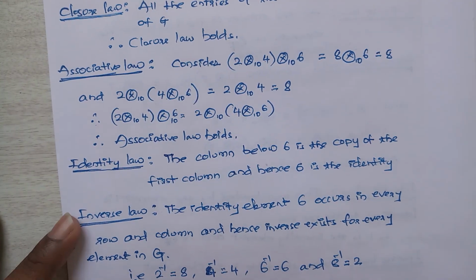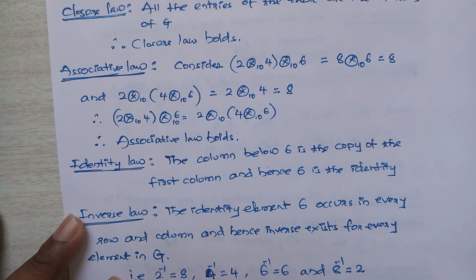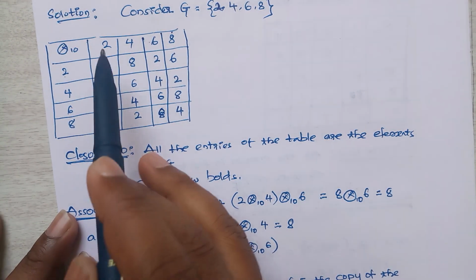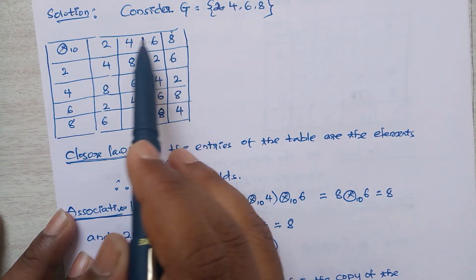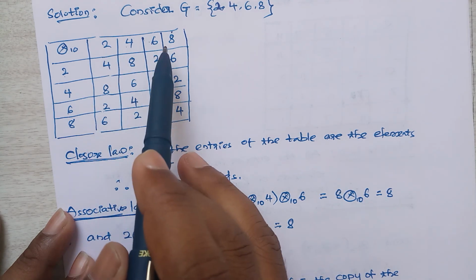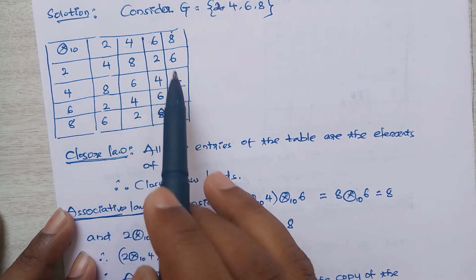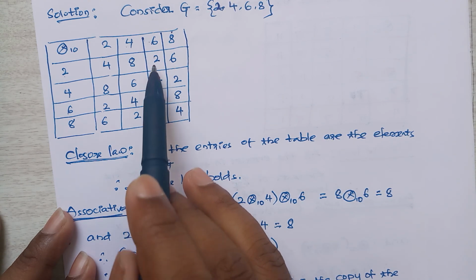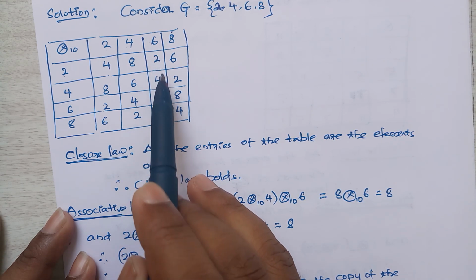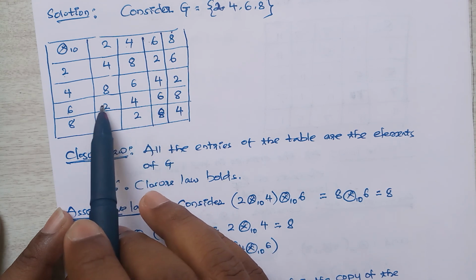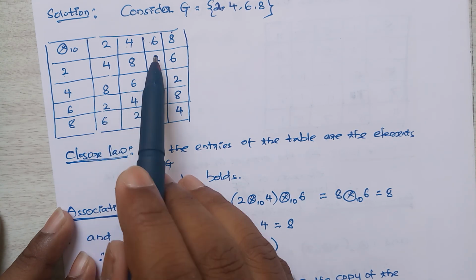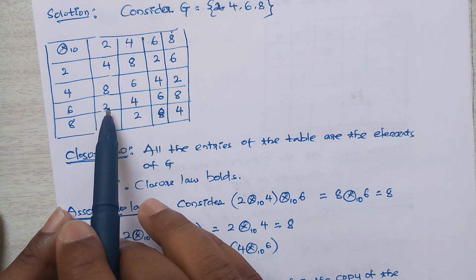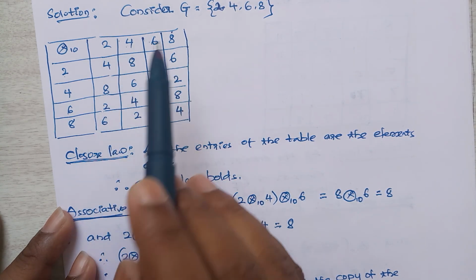Now the identity law. So this is 2 4 6 8, the top row. For the top row the identity is in the third column, so here 6 is there. Our third row is 2 4 6 8.